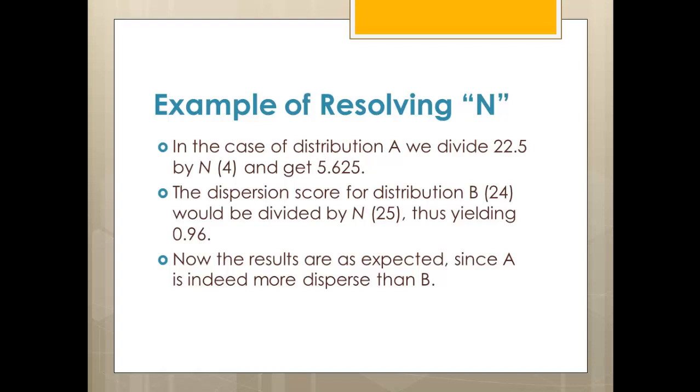So when you compare 0.96 to 5.625, it's clear that group A has much more heterogeneous data than group B, which has a much smaller 0.96 value. The results are expected, since A is indeed more dispersed than B.